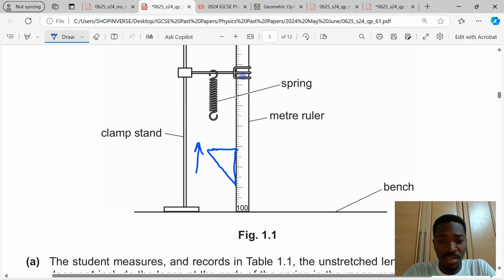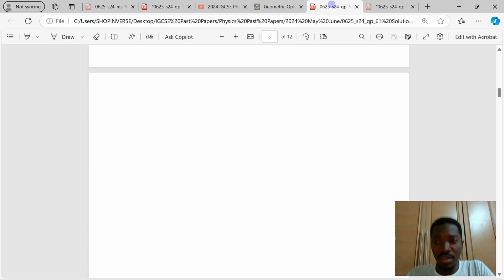You slide the set square upwards, and you don't include this part of the spring because those are the parts of the spring that do not obey Hooke's law. So only this part of the spring will be included in the measurement of length. You just draw a diagram, include a set square to indicate that you're using it to take measurements of length, and that is what we have here.